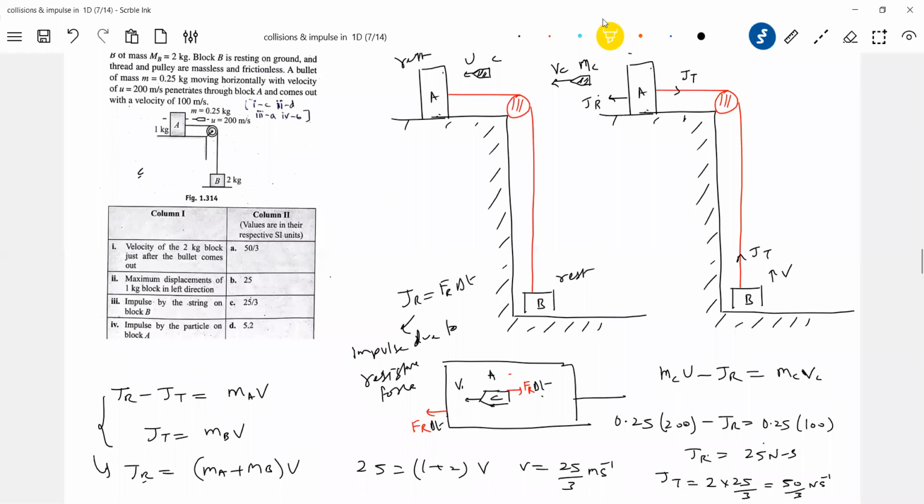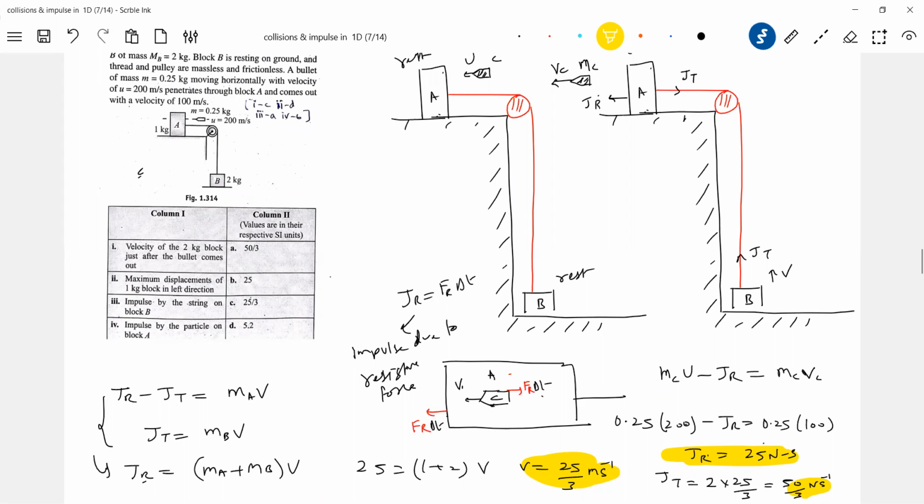So these are the answers. Now next is asking impulse by the string. That's what JT is. Next, impulse by the particle on block A. That is what Jr is asking. 25 newton seconds. Velocity of the 2 kg block just after the bullet comes out.